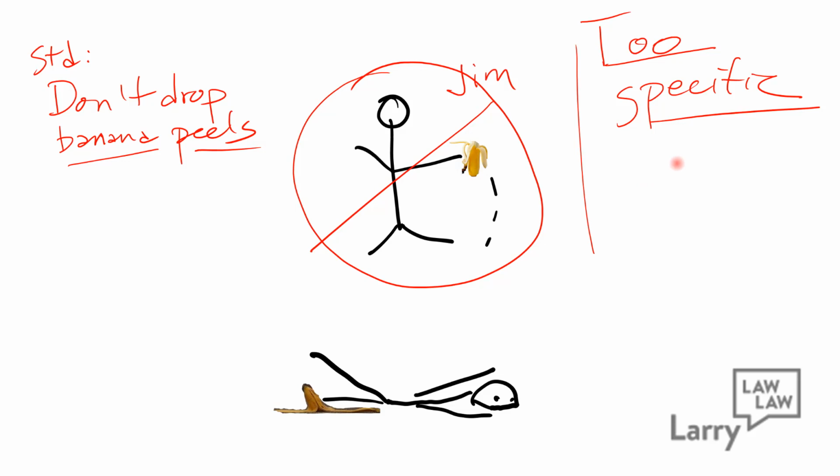That's not very useful guidance in terms of how they should behave. All it does is repeat the harm and tell them that they should avoid the harm. That's all that's happening here. This formulation of the standard of care just tells Jim that he shouldn't drop banana peels. The question is what he should do. So this is too specific.